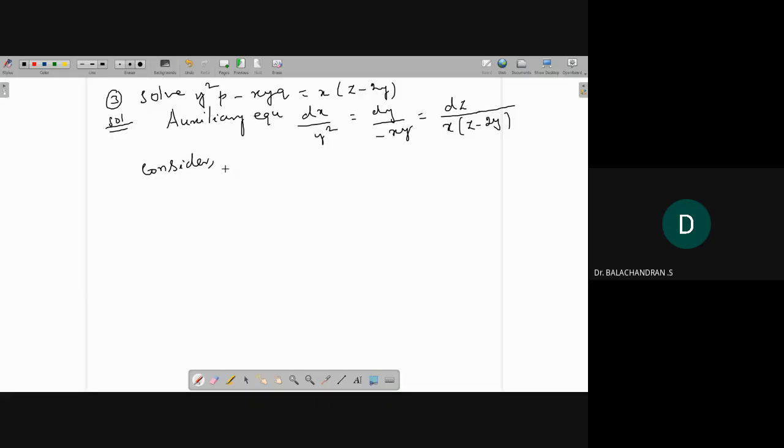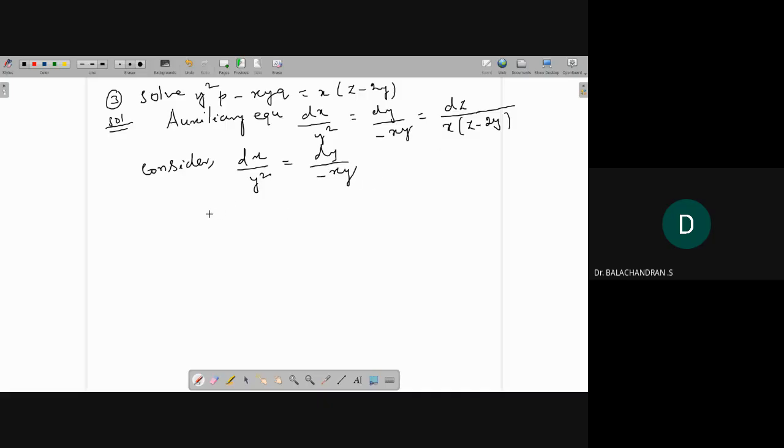Consider first and second ratio, that is dx by y square equal to dy by minus xy.